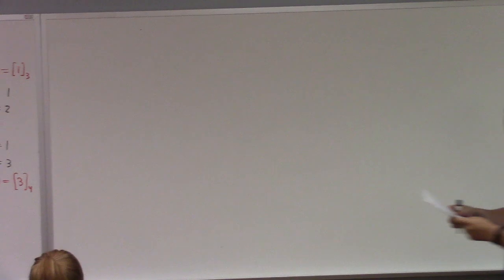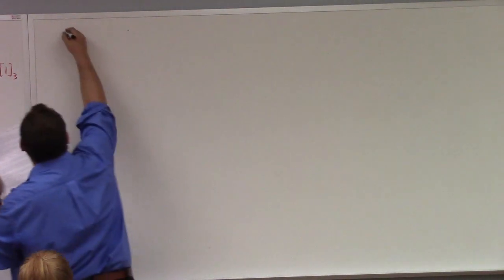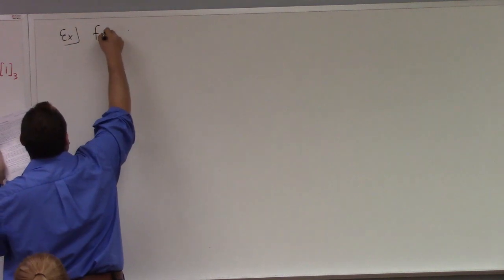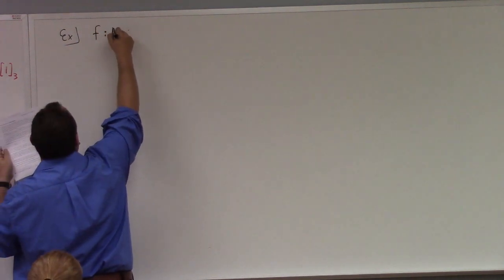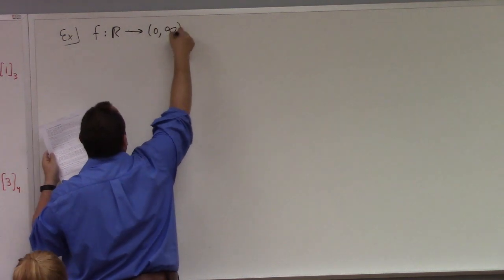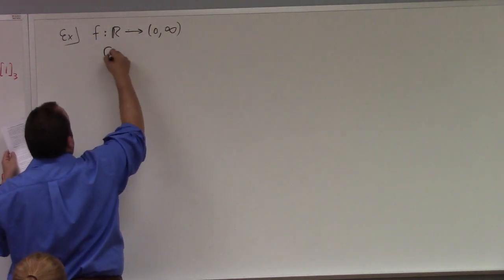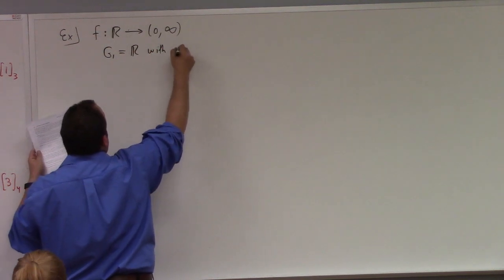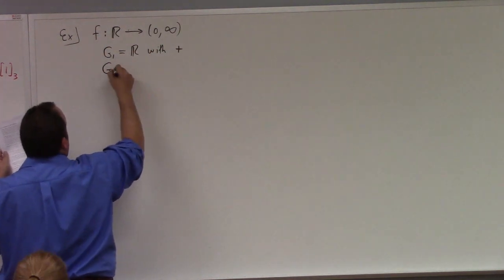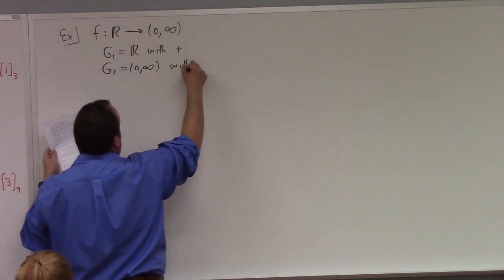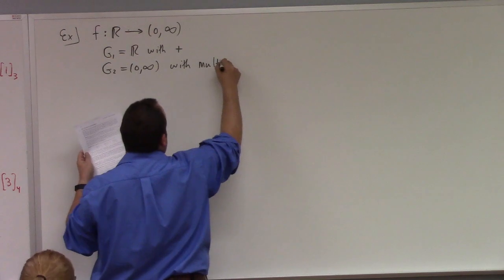My second example is not a finite example. This is an infinite example. We're going to look at f going from the real numbers to the set of positive real numbers. So here we're thinking about G1 as the reals with addition, and we're thinking about G2 as being 0 to infinity with multiplication, right?